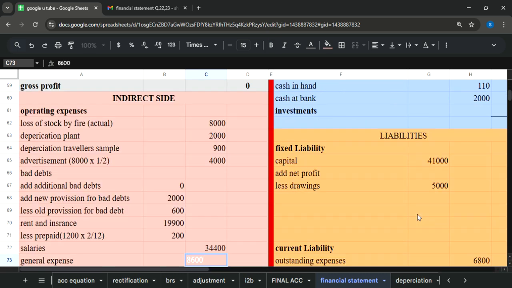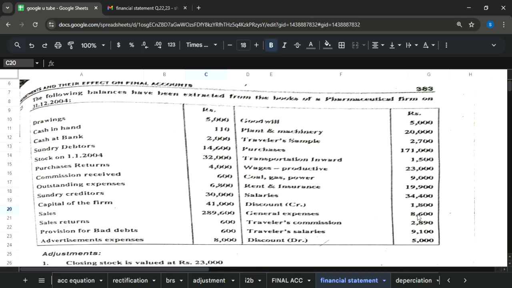All right guys, after general expenses we have travelers commission, and it is not mentioned whether commission is an income or expense, but since these are written in between expenses, traveler expenses, traveler salaries, we will assume it's an expense.